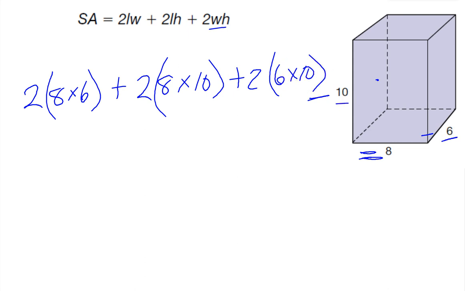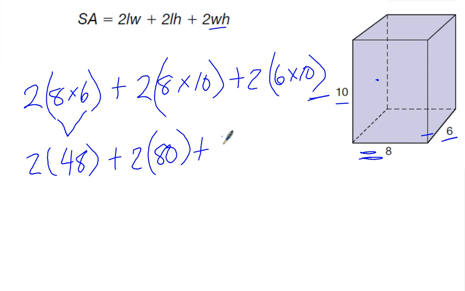Okay, then it's just figuring it out. 8 times 6 is 48. So it's going to be 2 times 48 plus 2 times 80 plus 2 times 60.